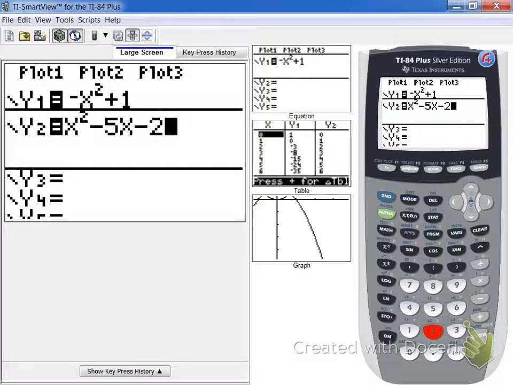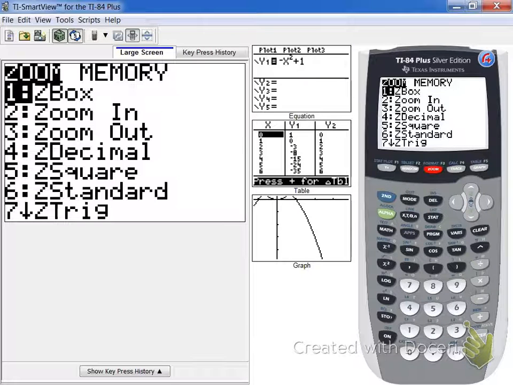And before we go and graph, we're going to go ahead and press zoom, because I had previously zoomed in, I want to press number 6, which is zoom standard. That'll take me back to my normal level of zoom.